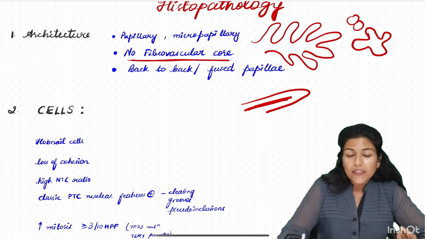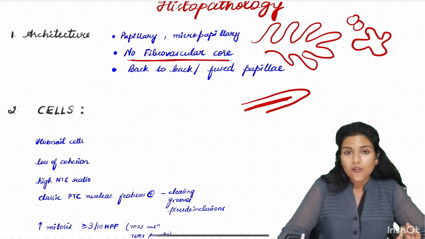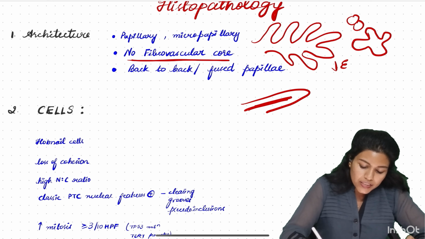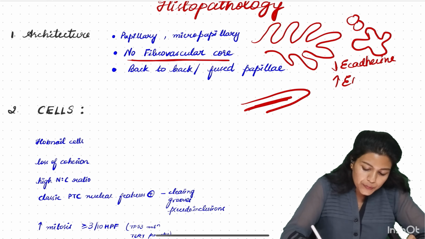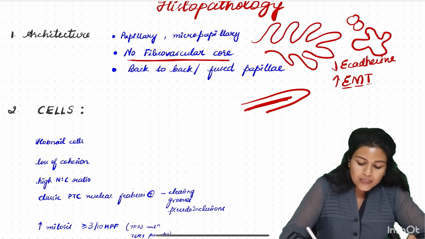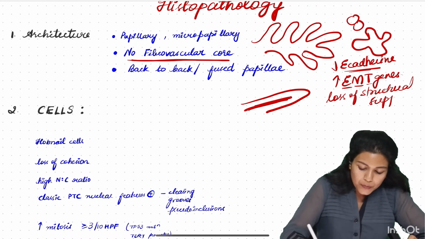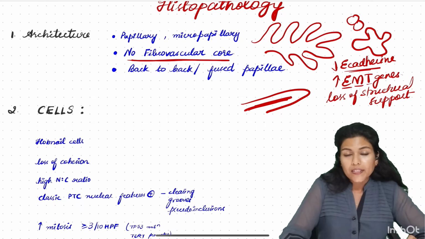The reason I have explained in the pathogenesis and the introduction also: there is down regulation of E-cadherin and upregulation of the EMT genes, that is, epithelial mesenchymal transition genes. There's loss of structural support because the cells lose their polarity, lose their cohesion, become discohesive and disperse.